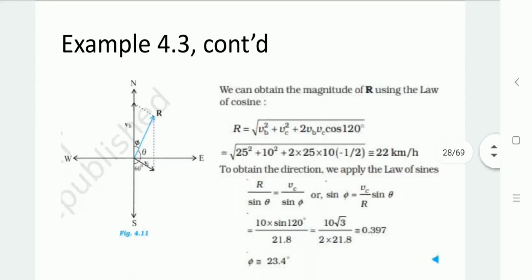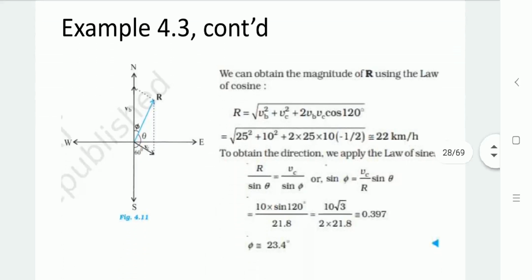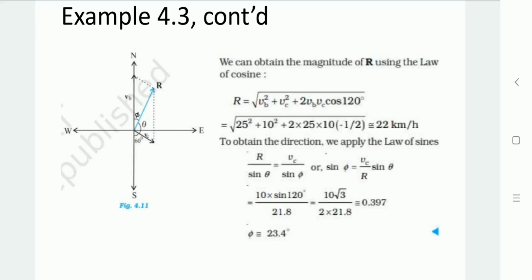So as you can see in the diagram over here, VB is available towards the north direction, which defines the direction of the motorboat, and VC is available in the fourth quadrant between east and south, which defines the water current vector. So VB and VC.